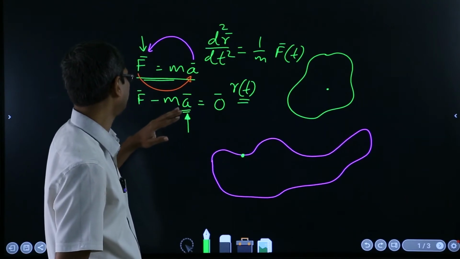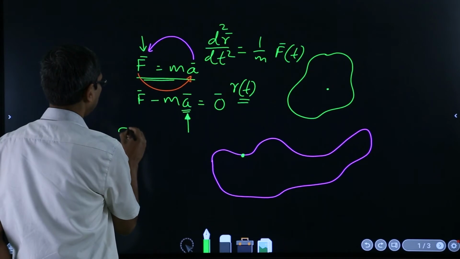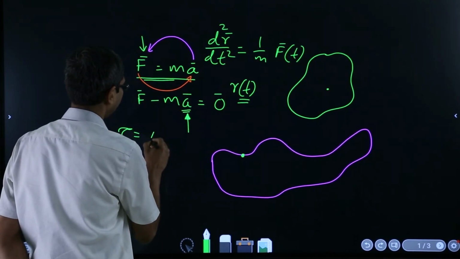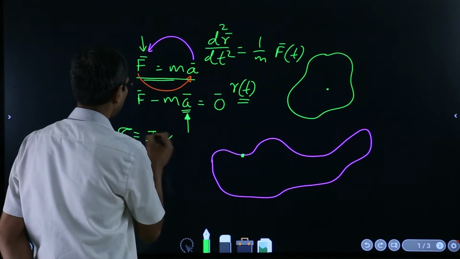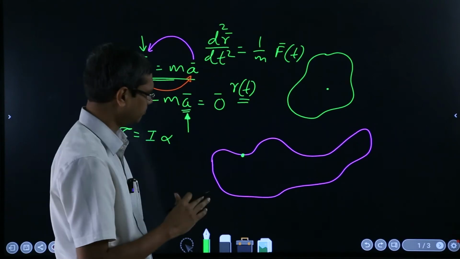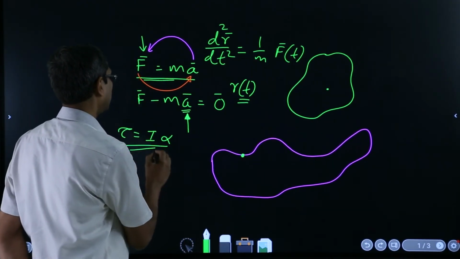In this whole thing we are neglecting the other part, the torque equal to I alpha sort of thing. We are not at all talking about that, because this involves a lot of other things.